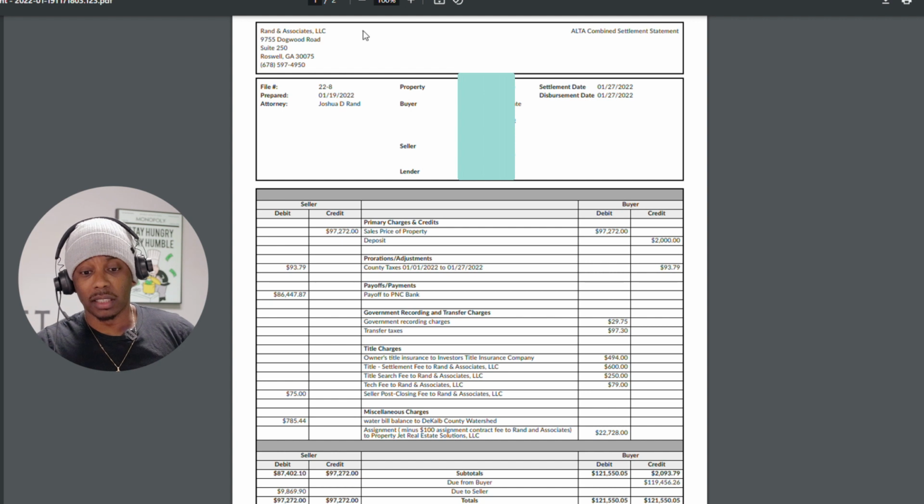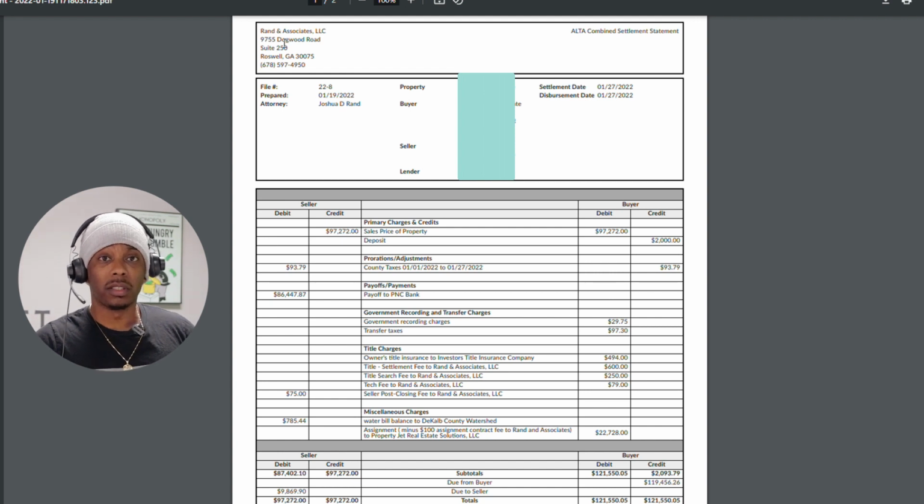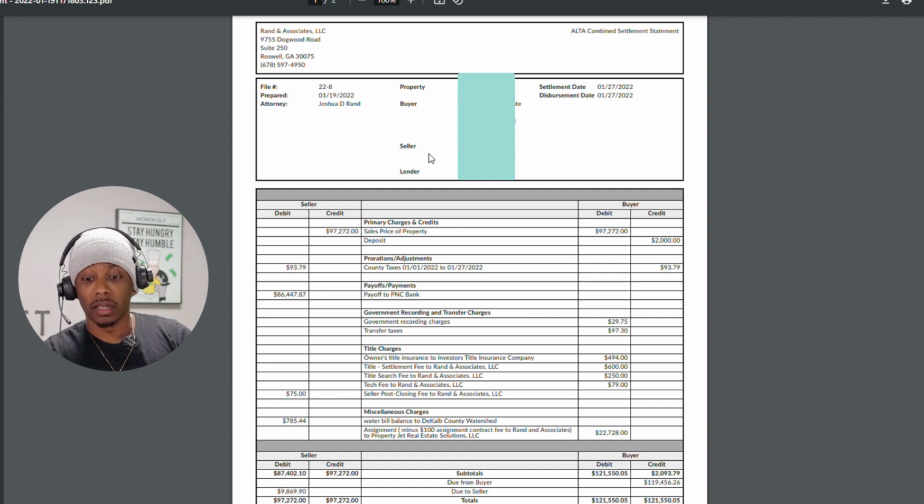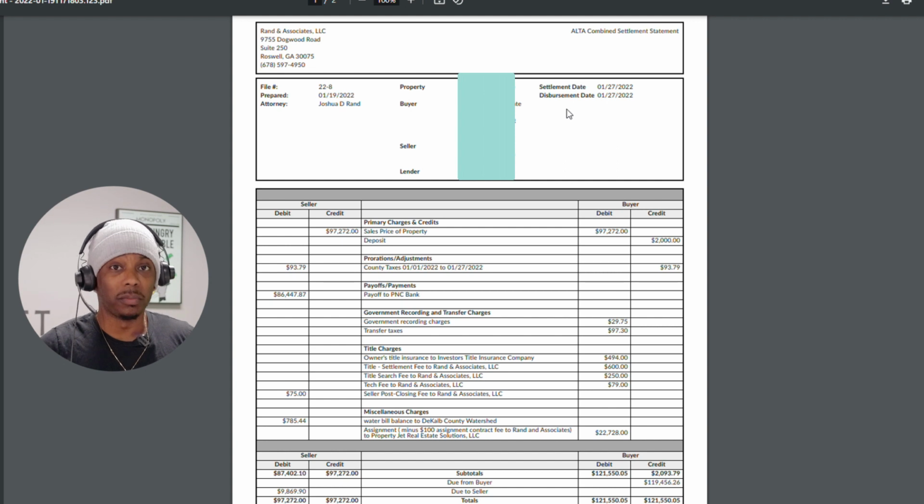The top section houses the information of the closing attorney or title company. The middle section has the property address, the buyer name, the seller name, if there is a possible lender on the deal, the settlement date and the disbursement date. Settlement date is pretty much the closing date. The disbursement date is pretty much the day that the funds were dispersed to everyone, right?